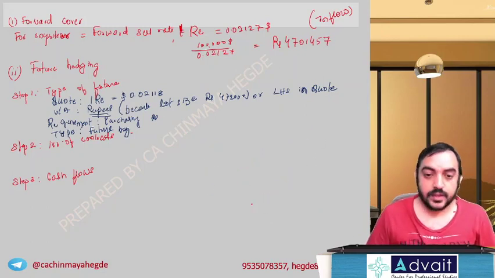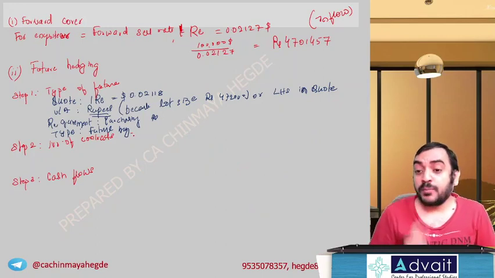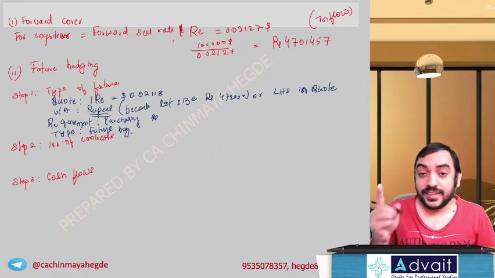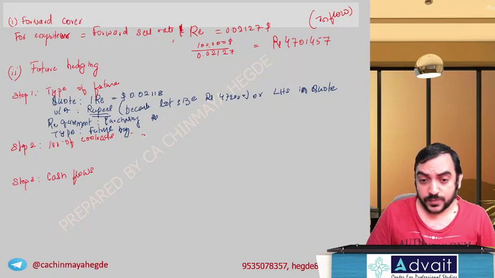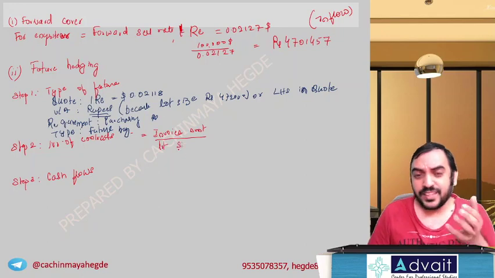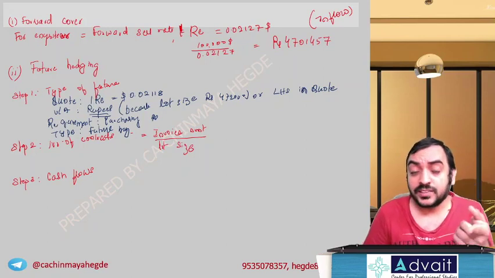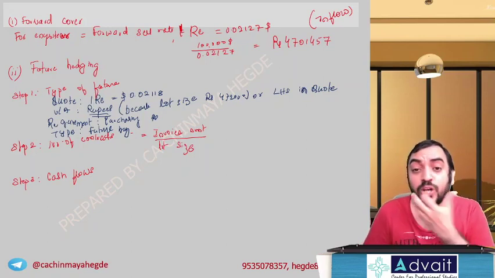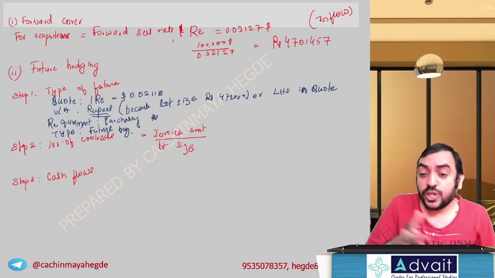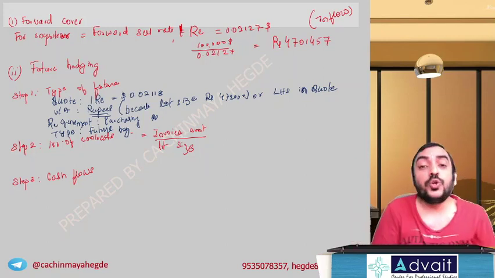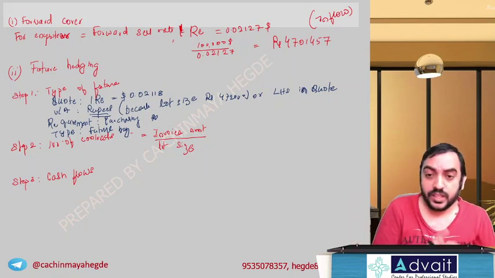Okay. Number of contracts. Same rule. Remember the number of contracts, what we did? The formula there was invoice amount divided by lot size. Same thing as for options, but when the invoice amount currency and the underlying asset are different, the invoice amount should be converted into the underlying asset.